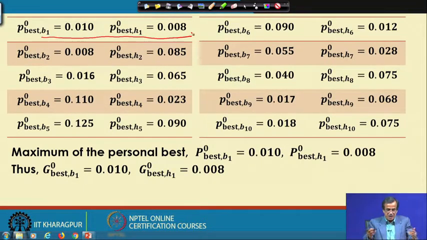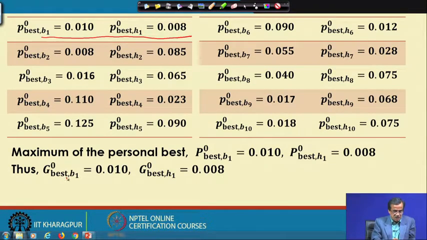Now, let me repeat whatever I told. Once I have generated the initial values for the design variables at iteration 1, we try to find out the value of the objective function for each of these 10 combinations of the input parameters. Now, I am comparing the values of the objective function, and corresponding to this combination of the input parameters I am going to get the maximum value of the objective function.